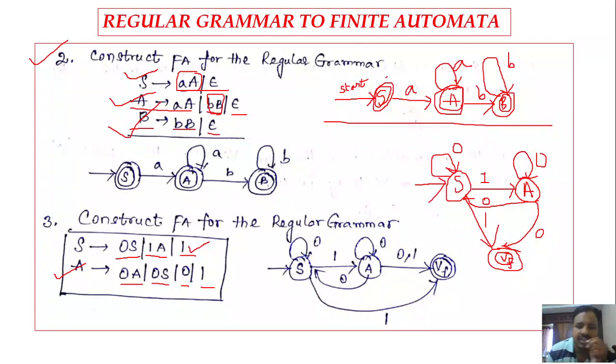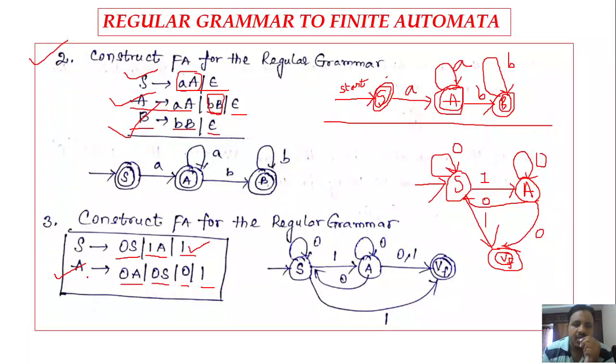It will create duplicates. You may add one final state again, but it is not going to affect the language accepted by this automata. However, the minimum number of states is considered the efficient way of constructing the finite automata, so that's why we are constructing the minimum states. And again, A denotes 1.